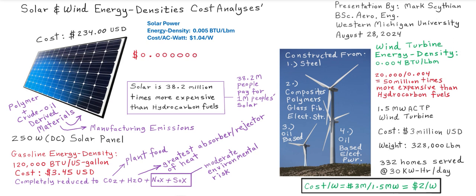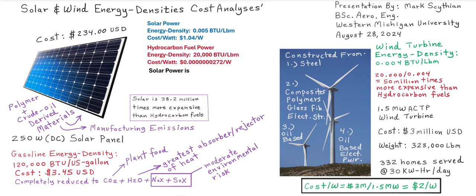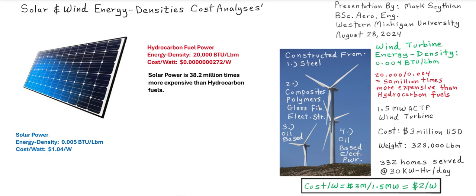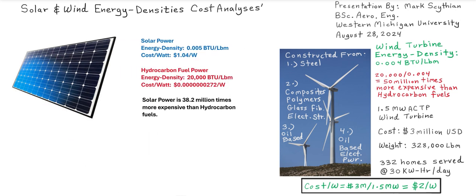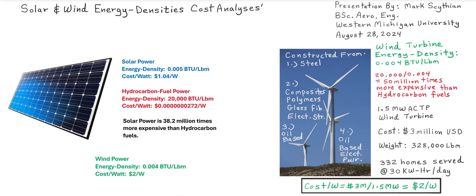And so if we make this equivalent to the hydrocarbon fuel power, it comes to 2.72 times 10 to the negative 8 dollars per watt. Okay, so we have that documented, and then solar power is 38.2 million times more expensive than hydrocarbon fuels.